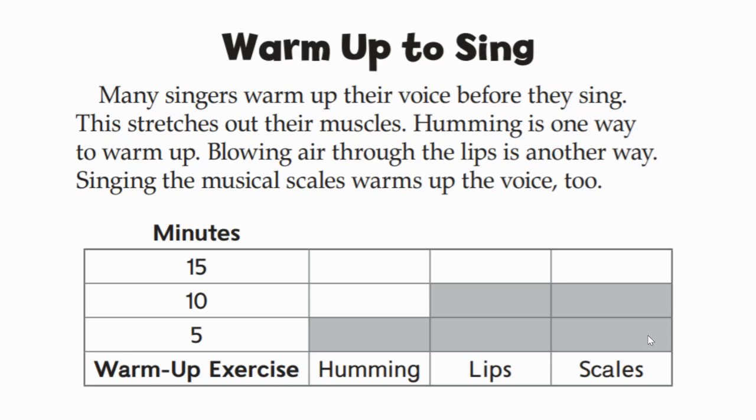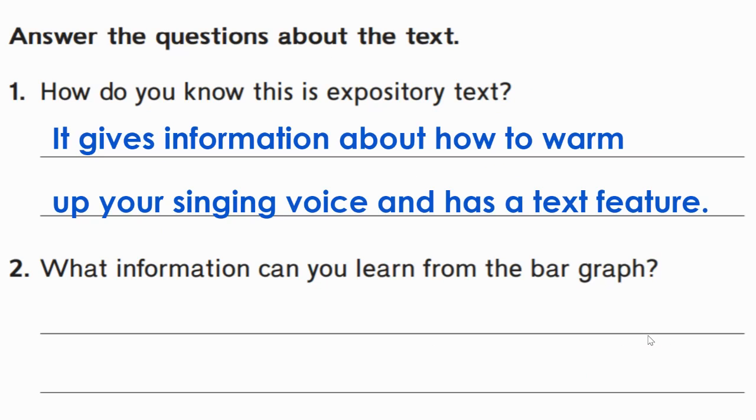Yes, you're learning how to warm up your voice for singing. So it gives information about how to warm up your singing voice, and this is important, it has a text feature. It shows a bar graph on the page, which is a text feature, and all expository text has text features. So go ahead and pause this video as you write down your answer to number 1, and then press play when you're ready to continue.